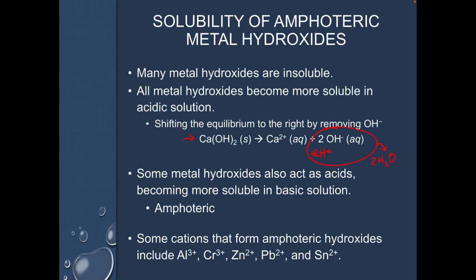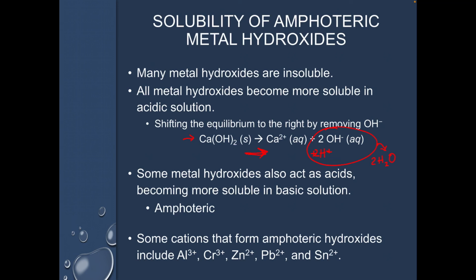So as we add acid, we decrease the concentration of hydroxide, which will shift this equilibrium to the right to produce more hydroxides in solution, right? As it shifts to the right, the way that it does that is it causes more of this calcium hydroxide to dissolve, okay? So anytime we add acid to our metal hydroxides, we are going to increase the solubility.